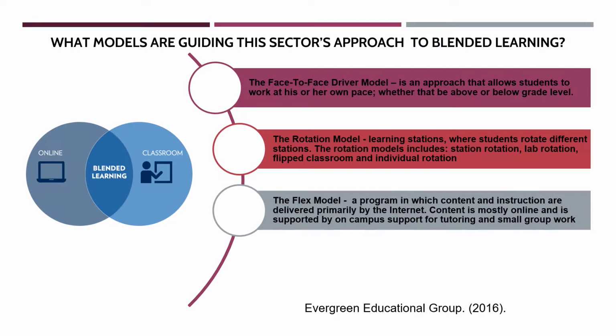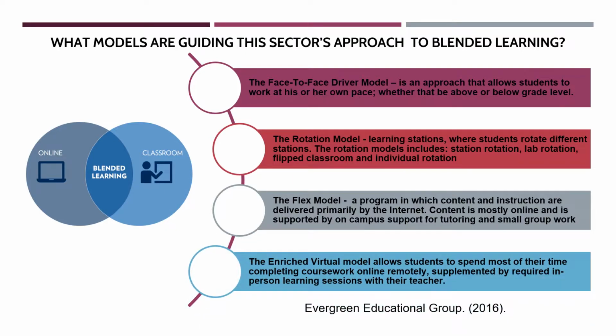We also have the flex model, which is a program where content and instruction are delivered primarily on the internet and is supported by campus support for tutoring and small group work. The enriched virtual model allows students to spend most of their time completing coursework online and is supplemented by required in-person learning sessions with their teacher.